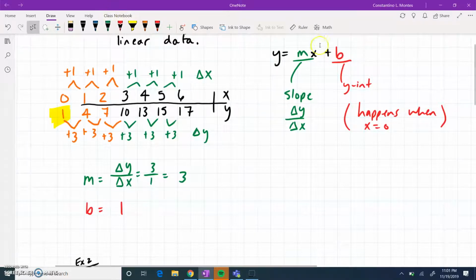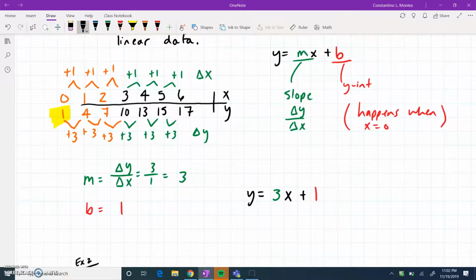And I found the two missing pieces, the m and the b, for the y equals mx plus b format of the equation of a line. So I'm going to go ahead and fill in the missing pieces. I got y equals 3, which is my rate of change, or my slope, x plus my y-intercept, which happens to be 1.